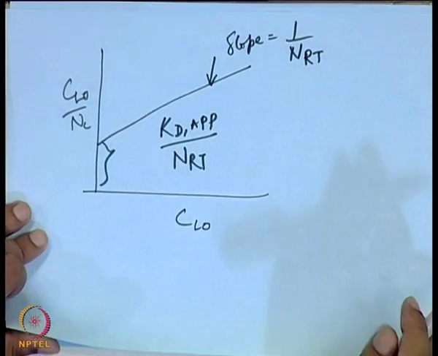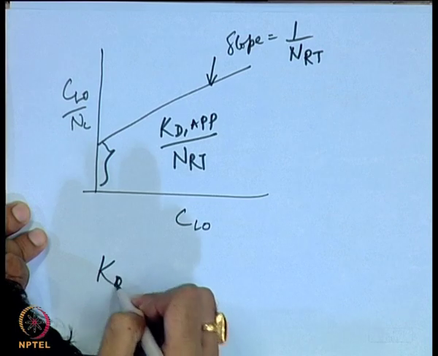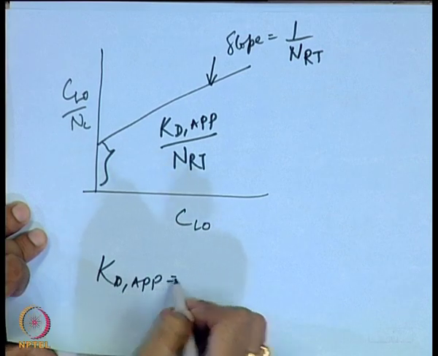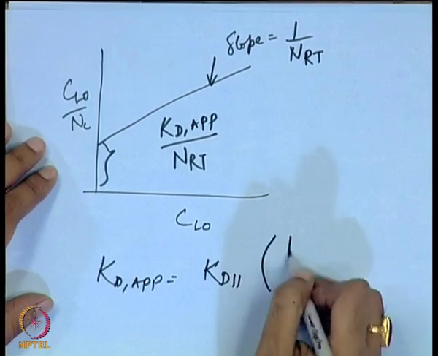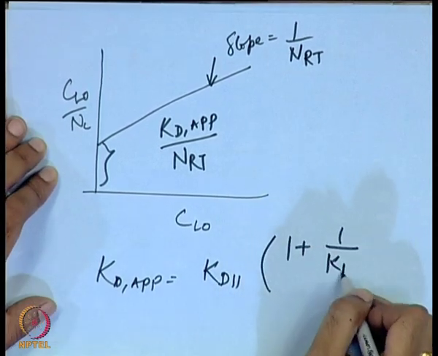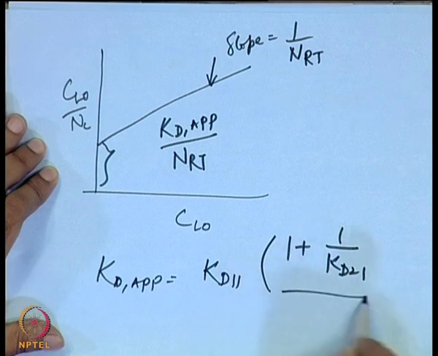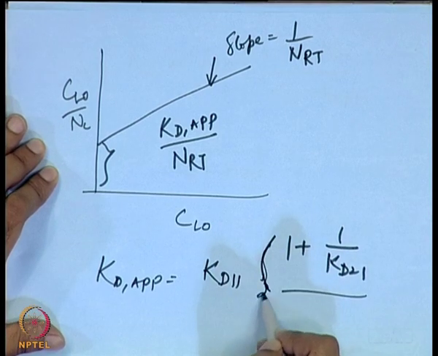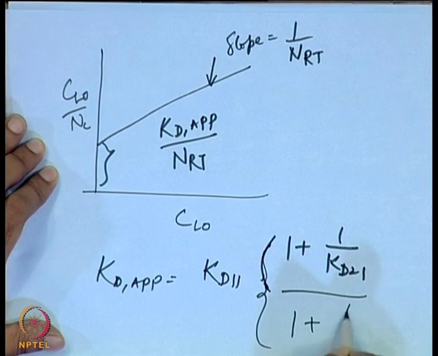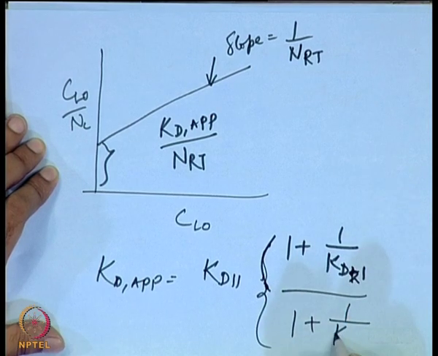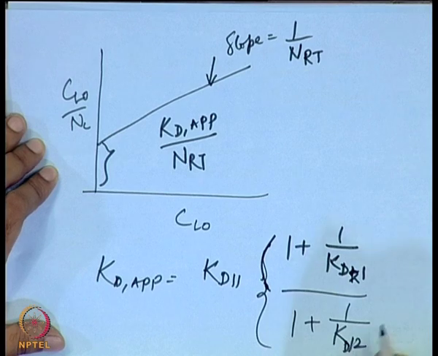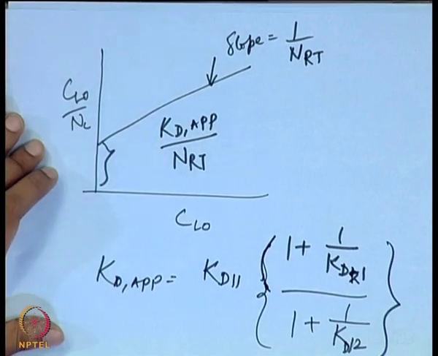So, this is essentially what we get, and Kd apparent equals Kd11 over 1 plus a slightly complicated formula, 1 plus Kd12 divided by 1 plus Kd21, and divided by Kd12. So, this is my formula.